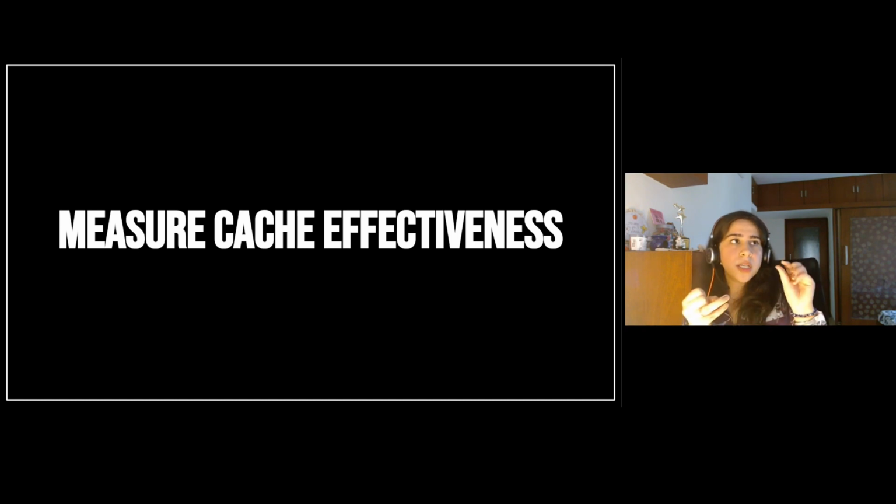Maybe you need to tweak the time to live parameter, the time after which something is evicted from the cache. That could be a problem for your application and could lead to performance issues despite having a caching solution in place. So having proper metrics around that is equally important as thinking about the other issues that we have discussed in today's presentation. With this, we come to an end.